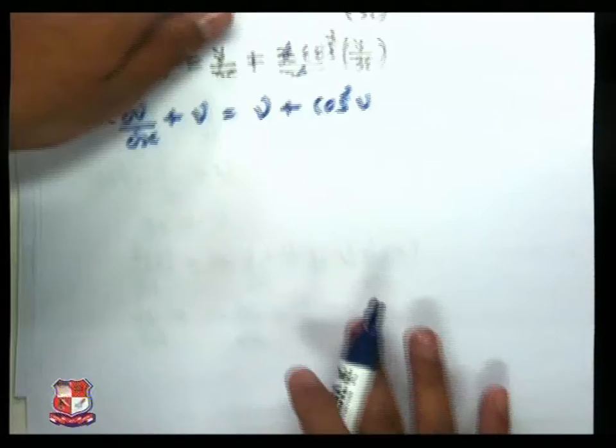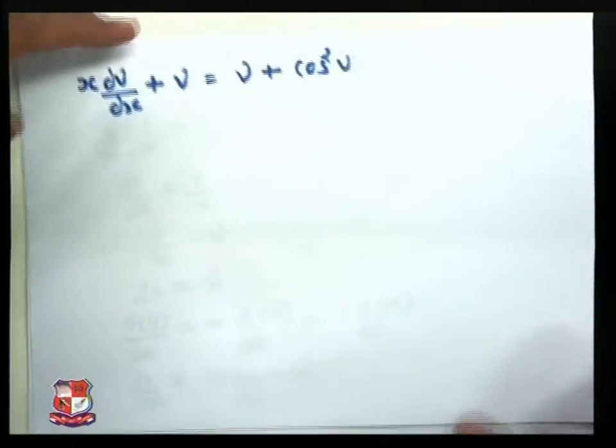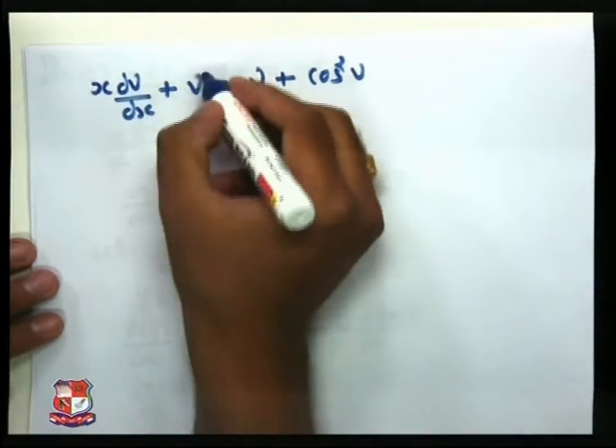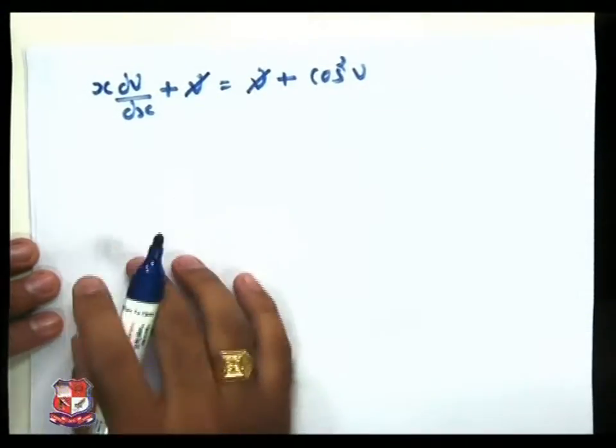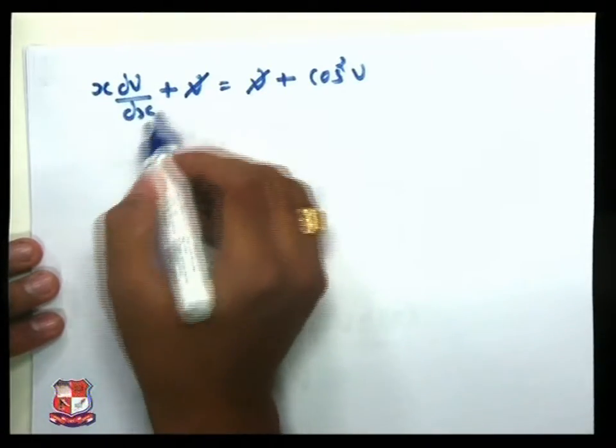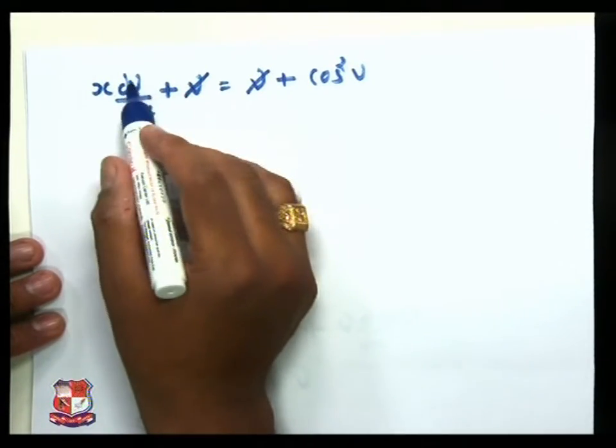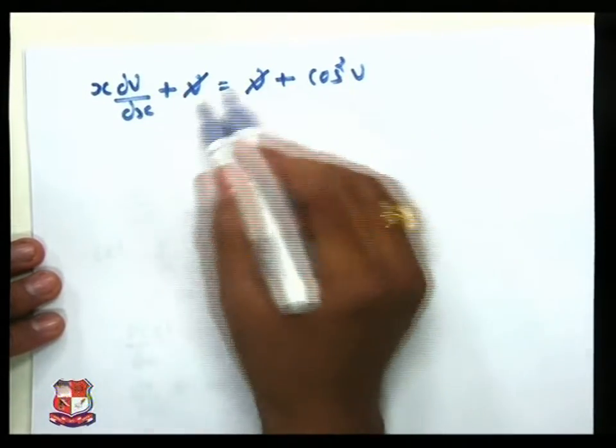Now we analyze this equation. Here v and v both cancel out, and we arrange the equation so that the left hand side has only v and the right hand side has only x.